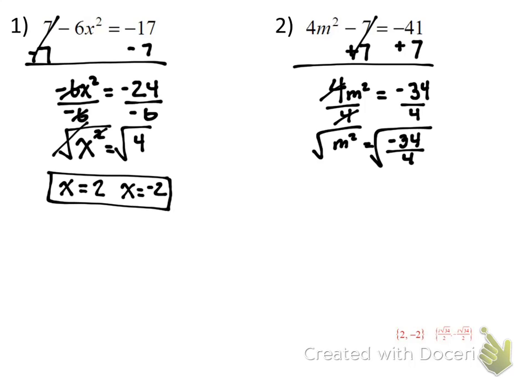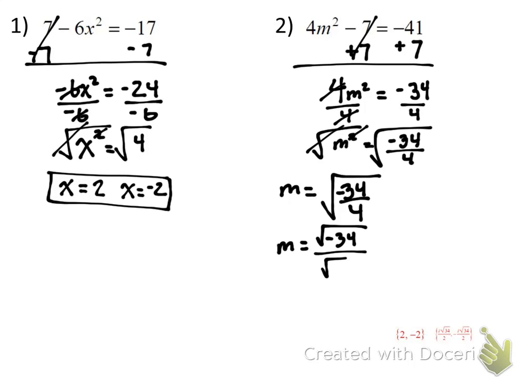When I take the square root of both sides, watch carefully, m cancels out, and we still have the square root of negative 34 over 4. Okay? We know that m is going to be equal to, well, we could simplify this and make the square root sign in the numerator and the square root sign in the denominator.